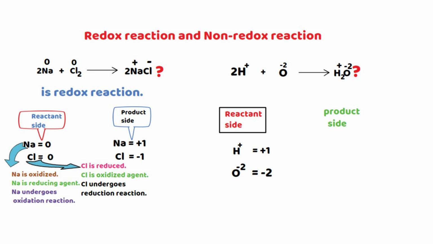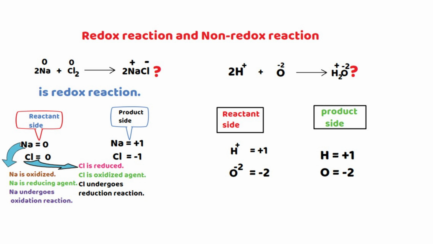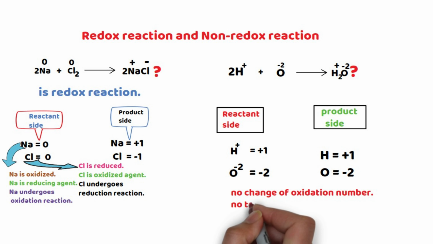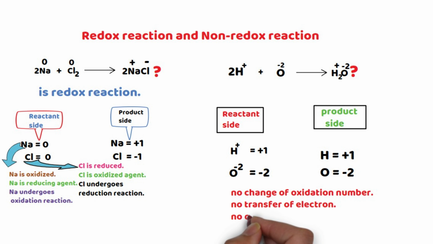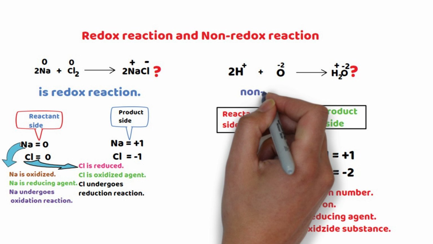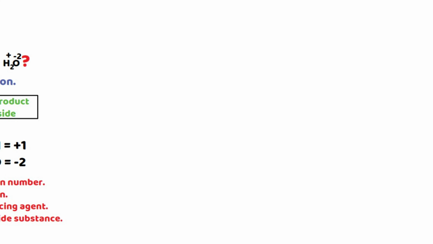But on the product side, again hydrogen has +1 oxidation number and oxygen has -2 oxidation number. Therefore, there is no change in oxidation number. That means no transfer of electrons and no oxidizing agent or reducing agent. That means no reduced and oxidized substance. Therefore, this chemical reaction is a non-redox reaction.